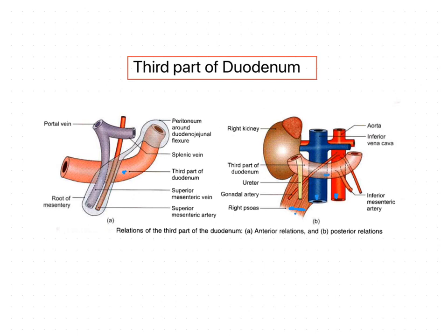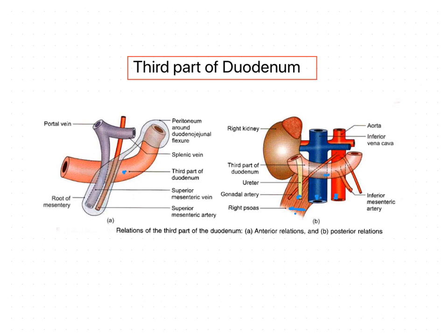So right psoas, inferior vena cava, aorta, and also the right ureter, and the right testicular or ovarian vessels. So these are the posterior relations.